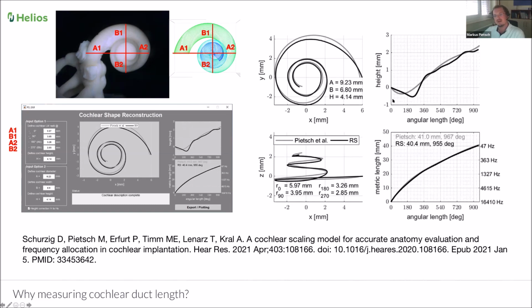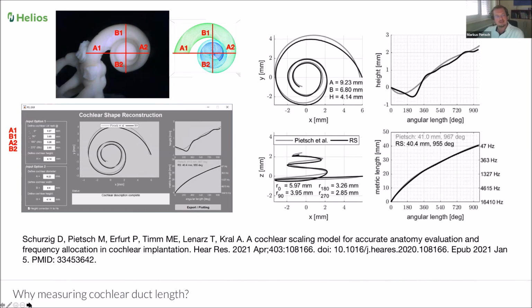So it can describe the spiral form of the cochlea way more precisely, because the degrees of freedom allow it to follow the real path of the cochlear spiral way more accurately than the model did before.